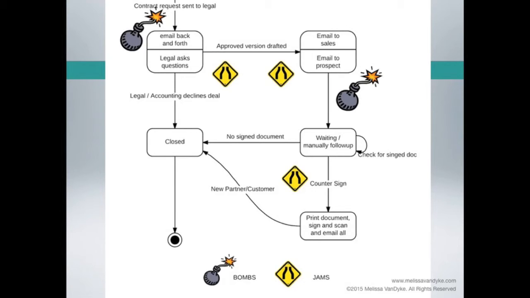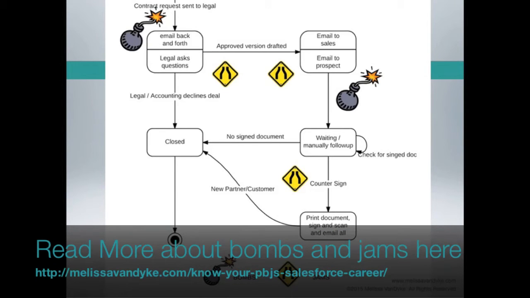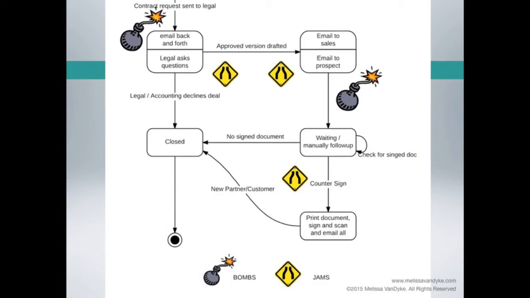And then your jam, I always do a jam to highlight something that I know is a real easy implementation with just out-of-the-box Salesforce. So for example, while this might be an approval flow, the jam specifically identifies that automatic email that goes out because I'm being told that Jane always has to remember to send an email to this other department to make sure that they go and do what they need to do.